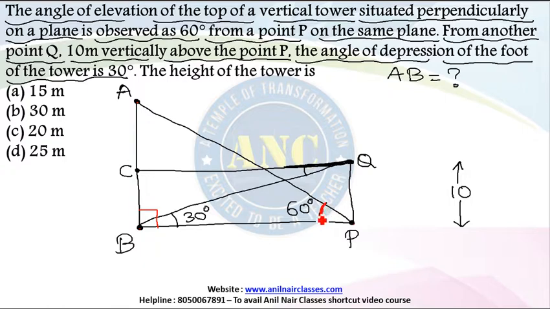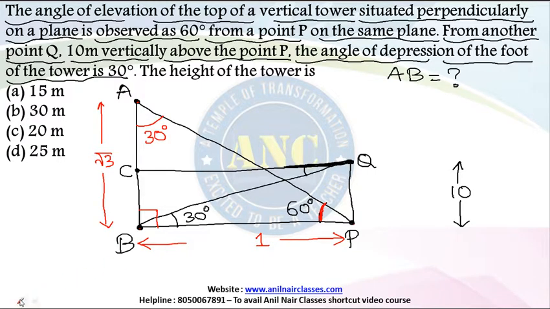So if this is 60 and this is 90, this should definitely be 30 degrees, right? Opposite to 30, if I assume it as 1 unit, opposite to 60, this entire AB value, will become root 3 units. That is for one triangle.